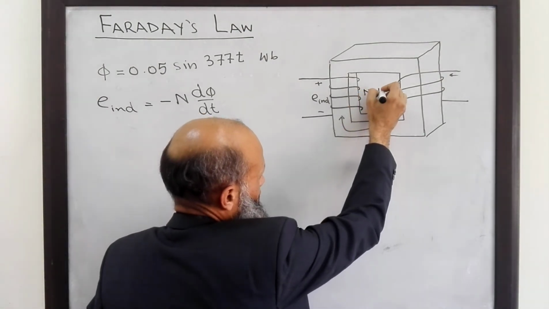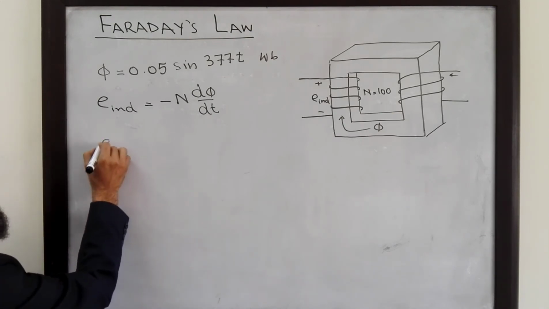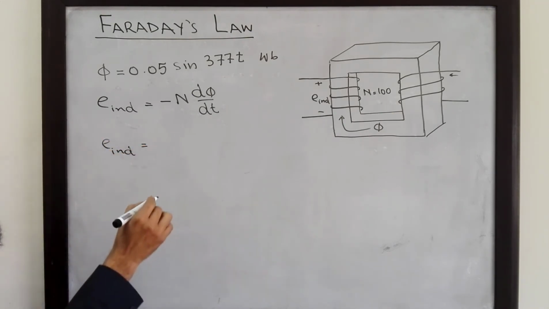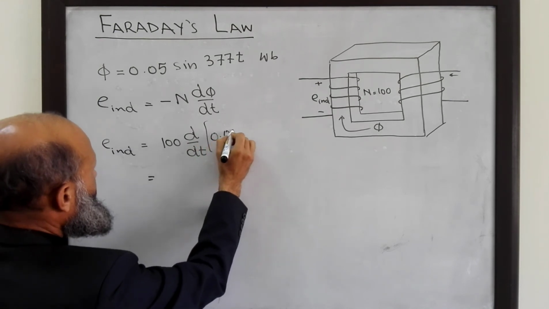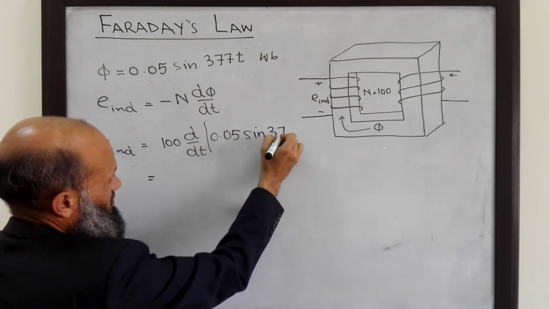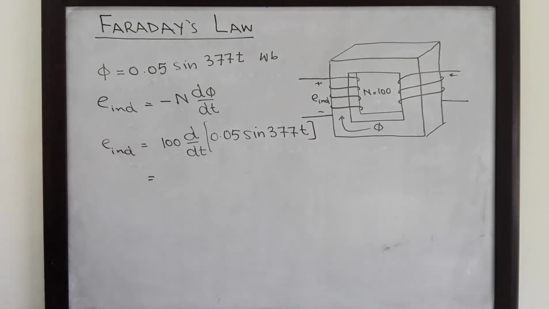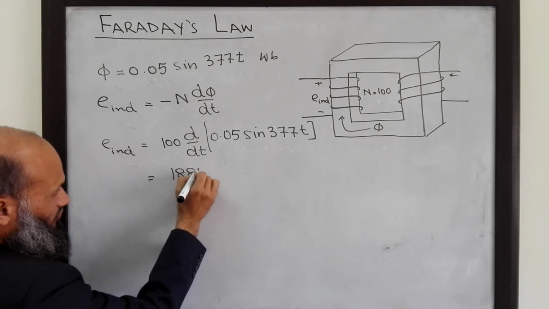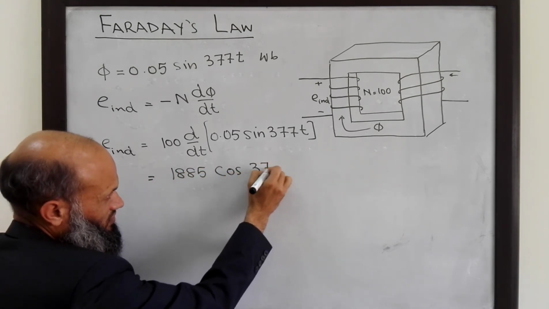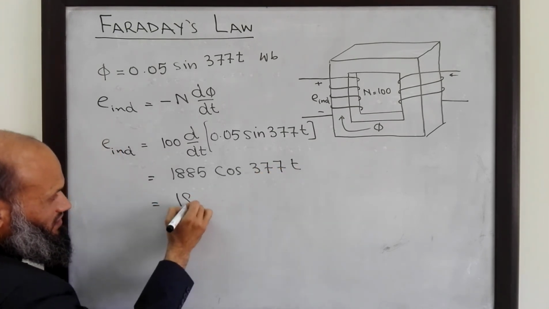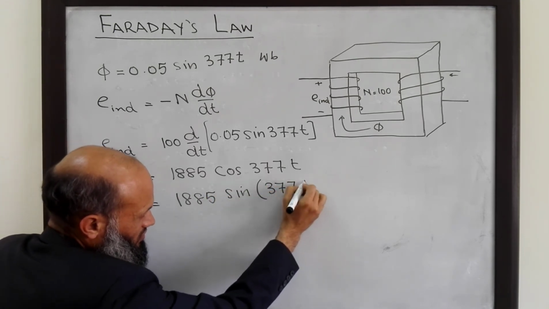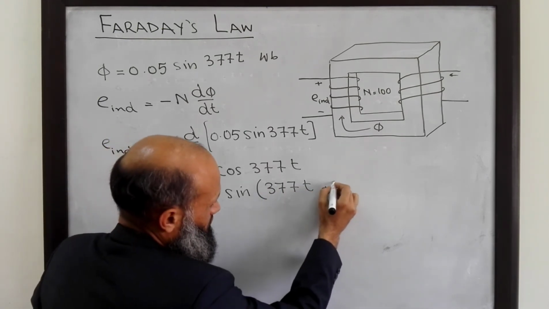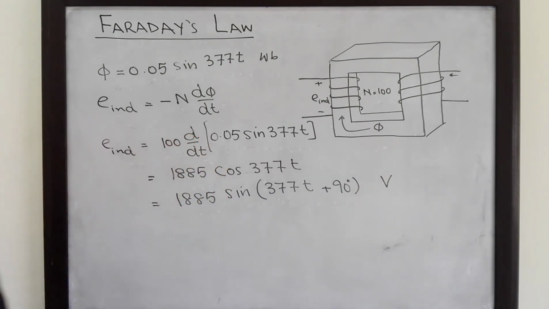There are 100 turns over here, and then the magnitude of induced voltage is equal to 100 multiplied by d by dt of 0.05 sine of 377t, which comes out to be equal to 1885 cosine of 377t, which is the same as 1885 sine of 377t plus 90 degrees volts.